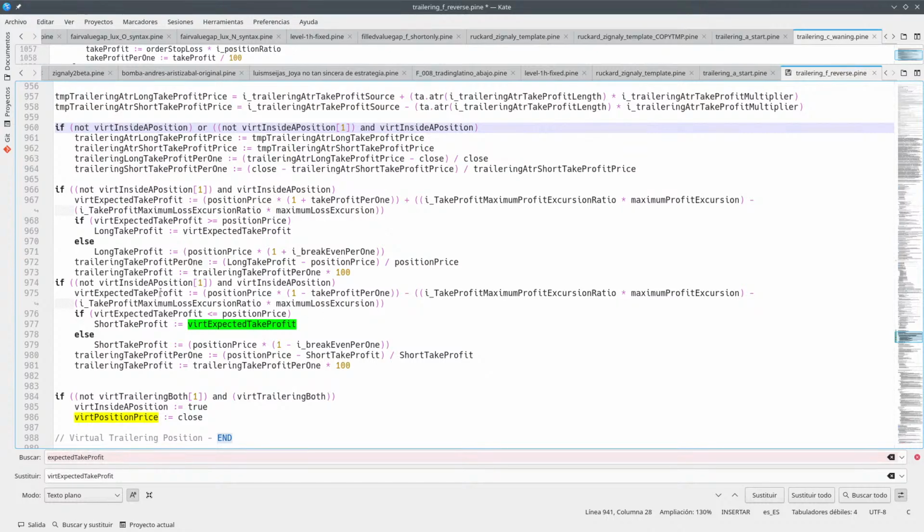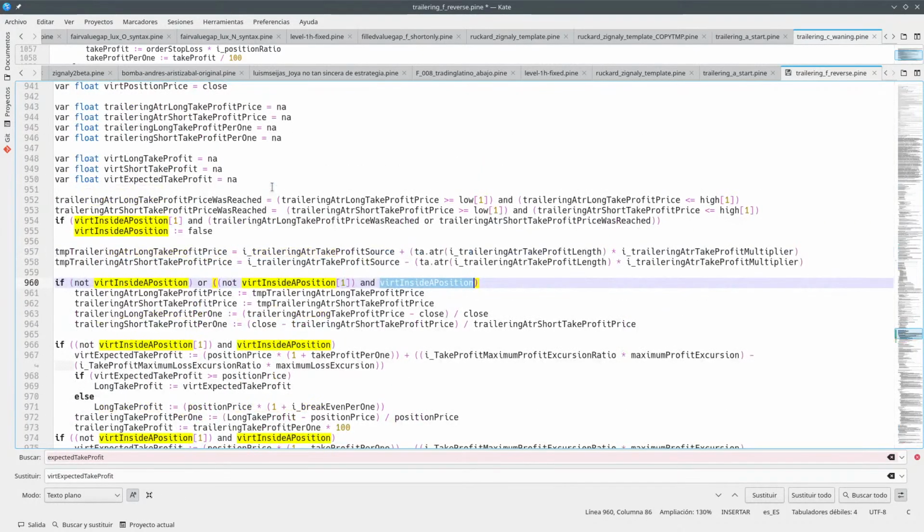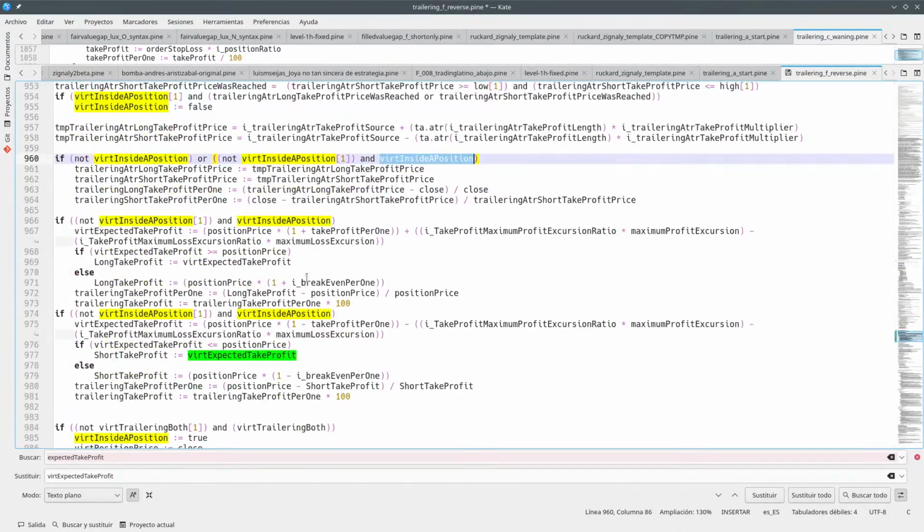So maybe this is not the right place to have this. The reason why we have this here is because we are inside a position. We need to calculate everything here.